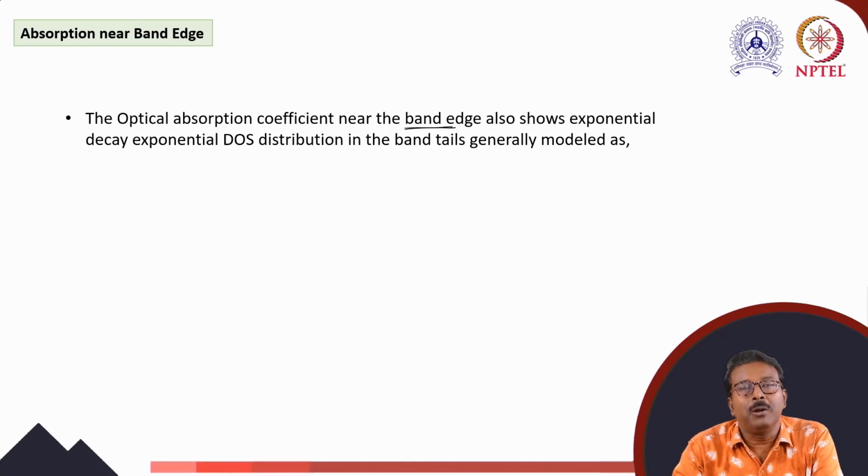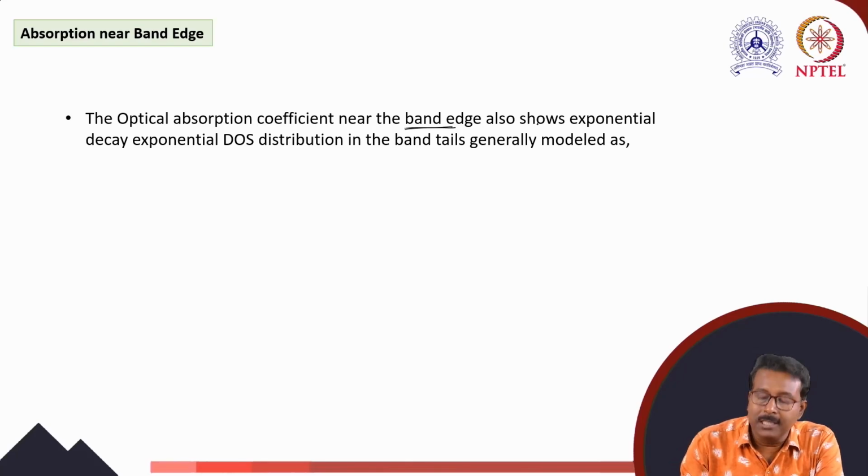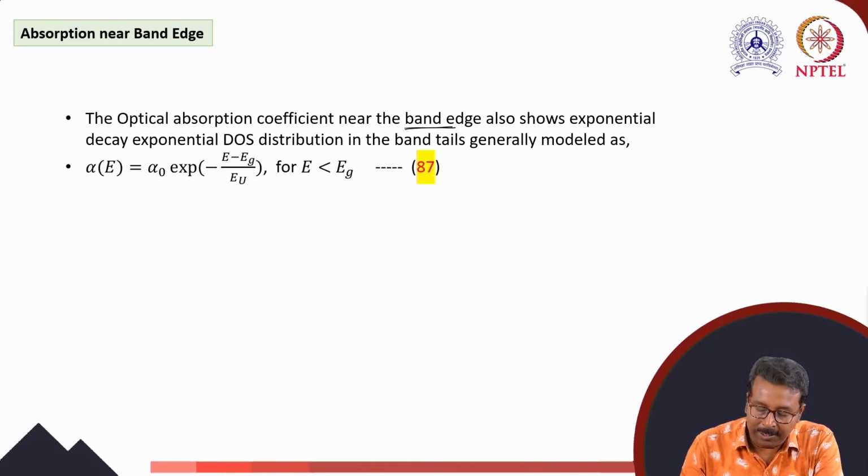So a pair of energy states are involved. As the density of states decays exponentially in the band tail states, absorption due to band tail states will also be exponentially decaying in nature. That's why it is mentioned that the band edge absorption also shows the exponential nature.